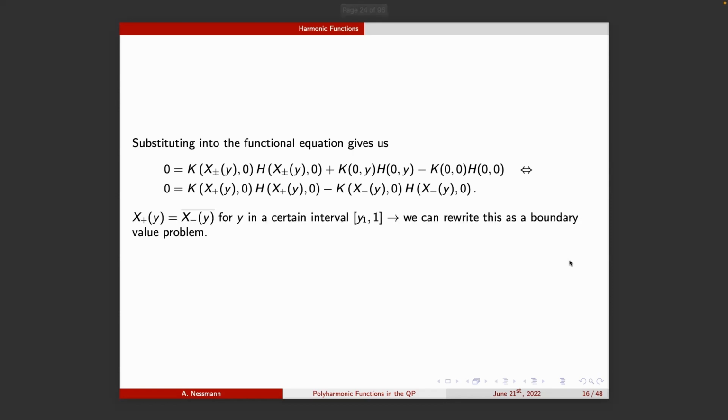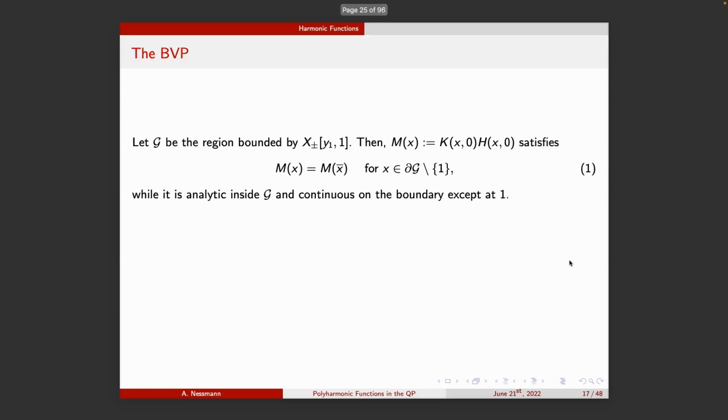We can rewrite this as a boundary value problem, and it looks like this. We have a certain shape which looks roughly like this. It should be symmetric, and up here we have some angle theta, so this is not necessarily smooth. And we will have a pole at the edge here.